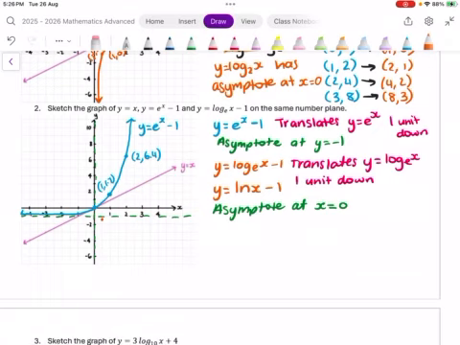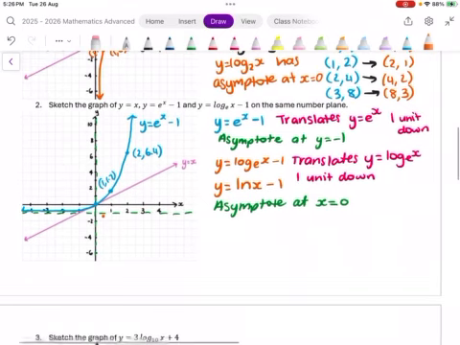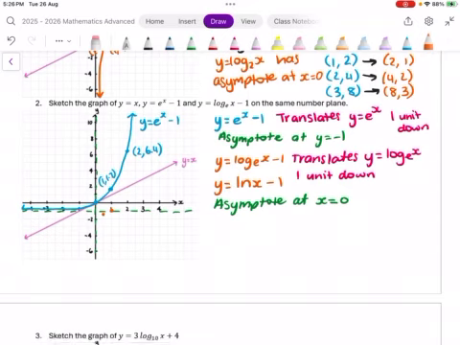Okay. When I substitute in 1, I get that it's at -1. When I substitute in 2, that's at -0.3. When I substitute in 3, it's just above my x-axis at 0.09.